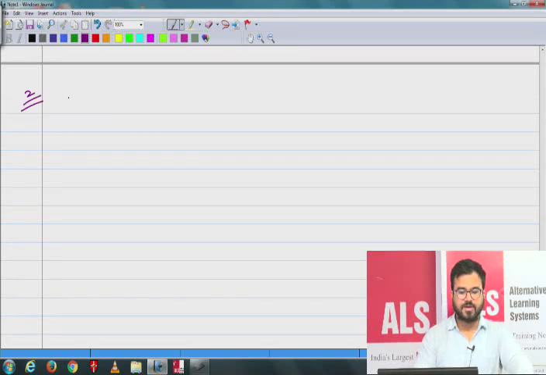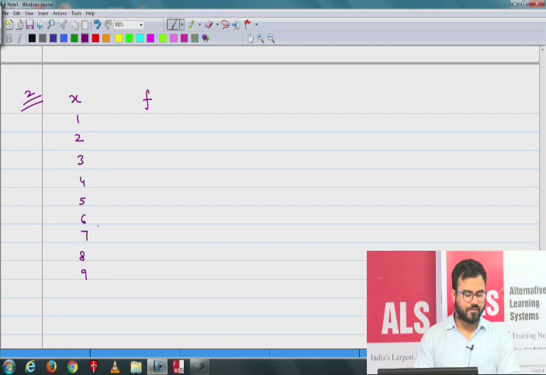Suppose the data is given, the x value is given and the frequency is given. The x values are 1, 2, 3, 4, 5, 6, 7, 8, 9, and let's say these are the marks out of 10.